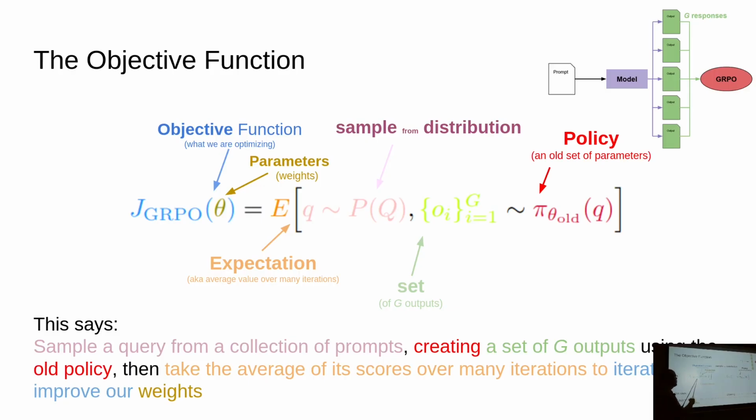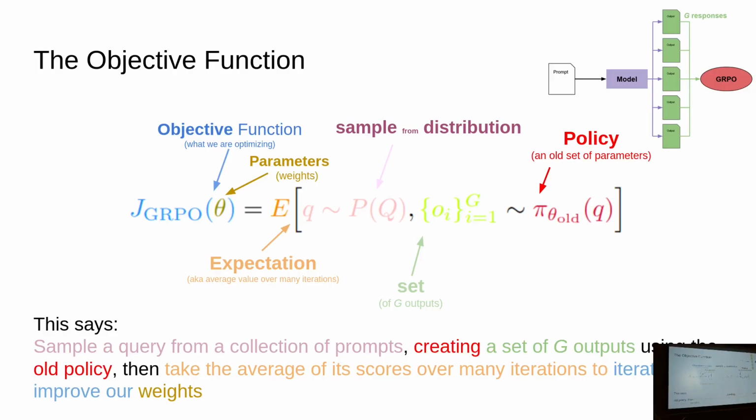Your objective function for the parameter weights of your model is equal to the expectation of Q. This basically says Q at P of Q, then a set of O of I of G, and then policy pi of old. Now, wherever you see pi in reinforcement learning, that's your policy. That's basically the set of rules or weights that define what the agent does. Now, that's still a mouthful and doesn't really make much sense.